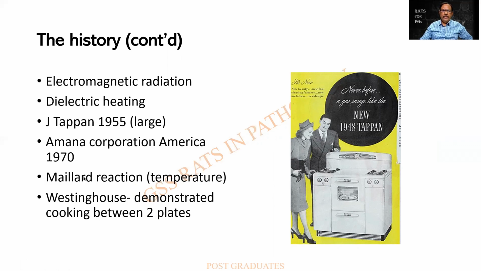This was followed by Amana Corporation in 1970, which found a smaller version of the microwave. And there is a reaction called the Maillard reaction, which regulates the temperature. Westinghouse, on its part, demonstrated cooking between two plates. So this is the historical background of microwave processing.